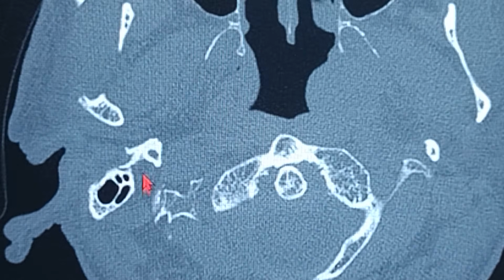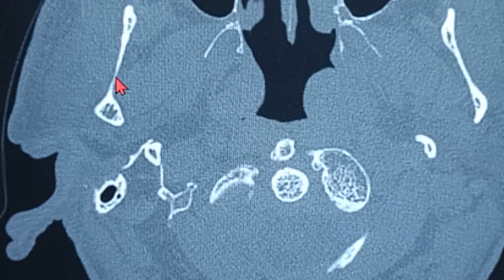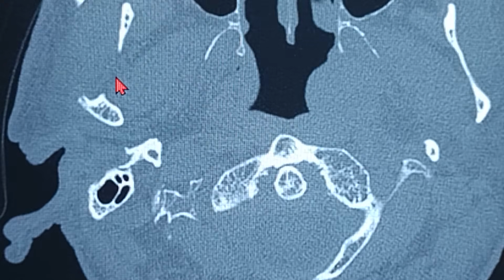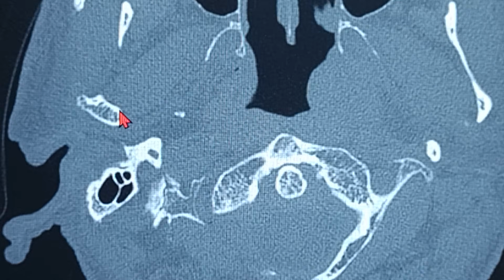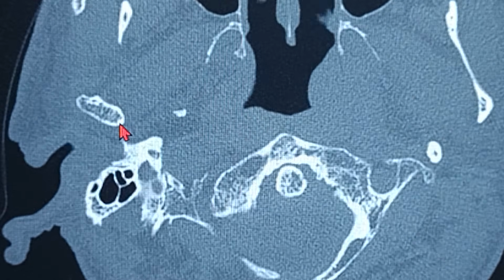Now we are going above. As you can see, the body of the mandible is disappearing over here, and we can see two processes. That's the condylar process, that's basically the posterior one, and that's the head of the mandible right now, which is going to fit in the TM joint. Now I'm still going above.